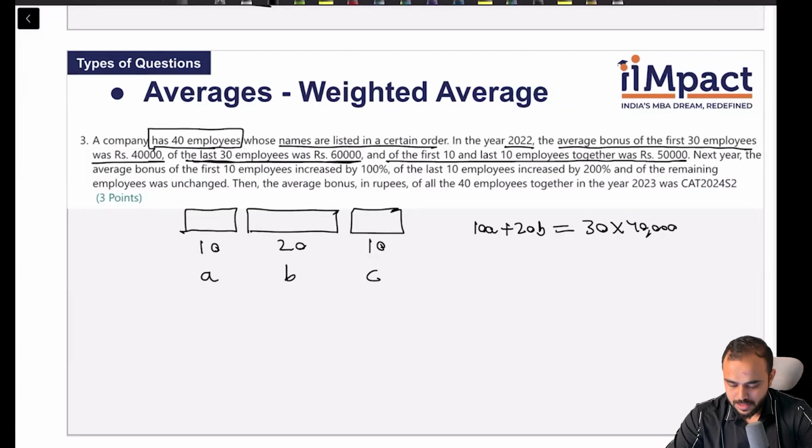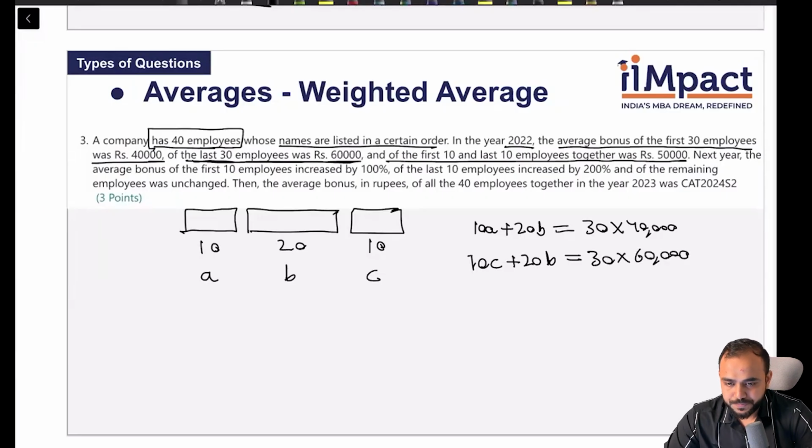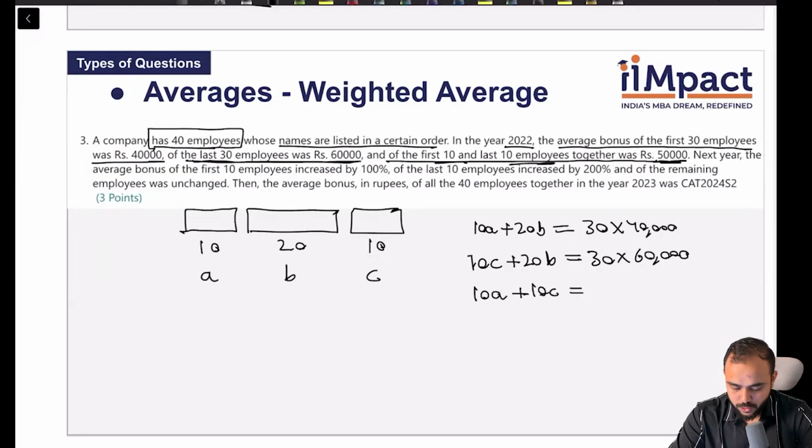Correct? Which means 10 into C plus 20 into B is equal to 30 into 60,000. Correct? Now, first 10 and last 10 together was 50,000, which means 10A plus 10C is equal to 20 into 50,000.